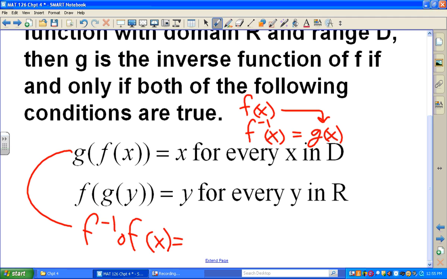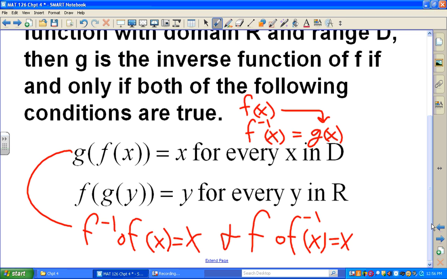Now, what this means is if you take the composite function, the inverse of the function, and put the function inside the inverse, you should come out with x. And also, the function composed with the inverse should also equal x. So if you take entire functions and put them into each other, you should come out equal to x.